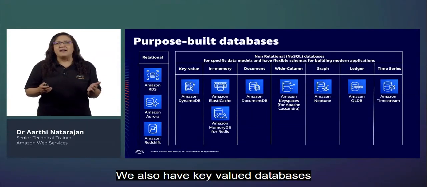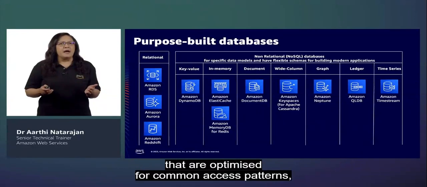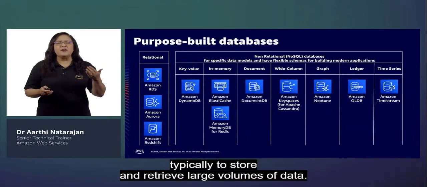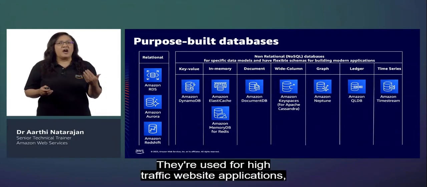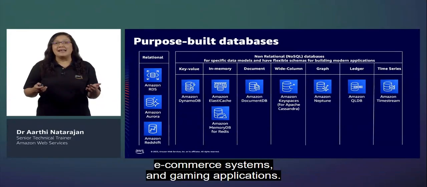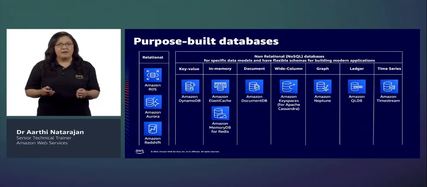We also have key value databases that are optimized for common access patterns, typically to store and retrieve large volumes of data. They are used for high-traffic website applications, e-commerce systems, and gaming applications.